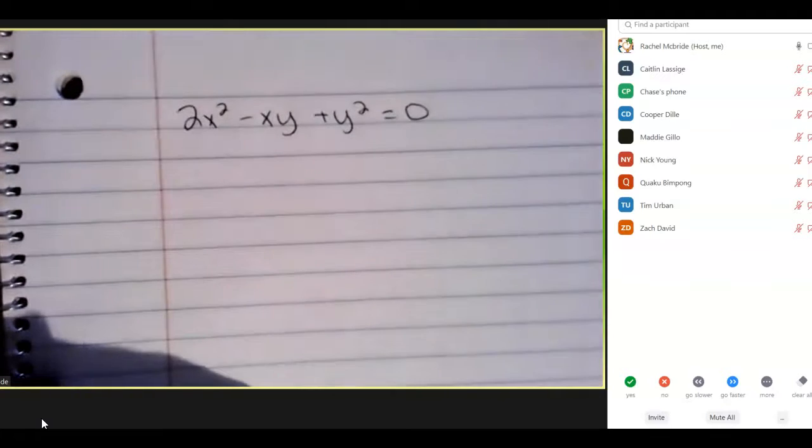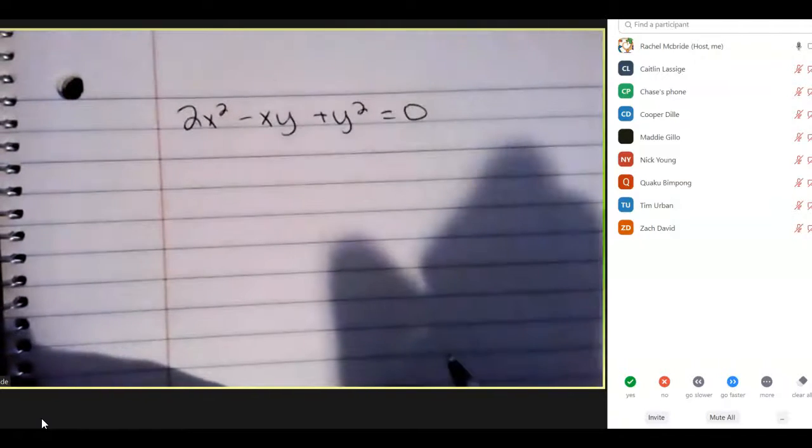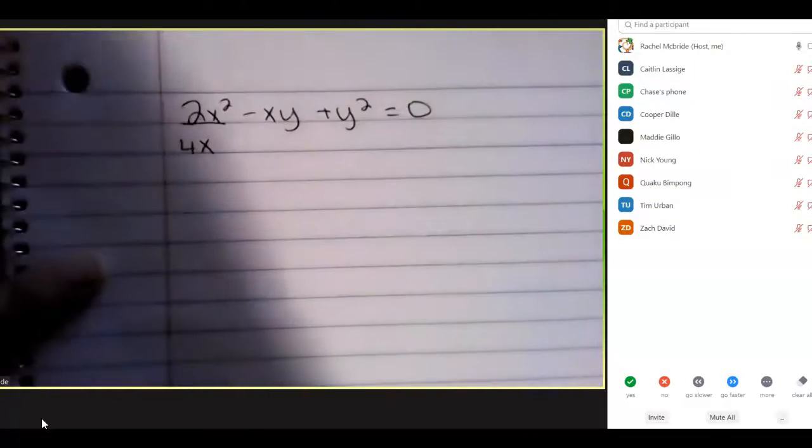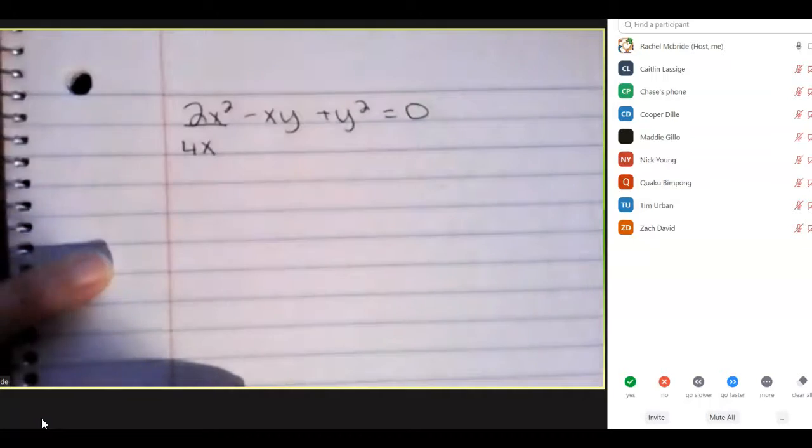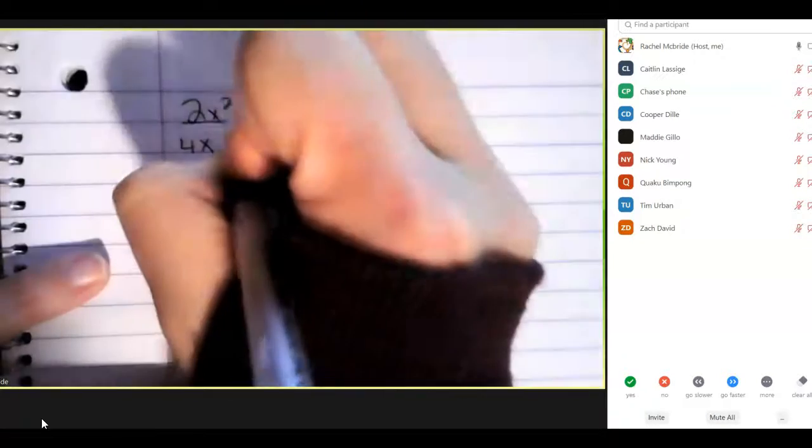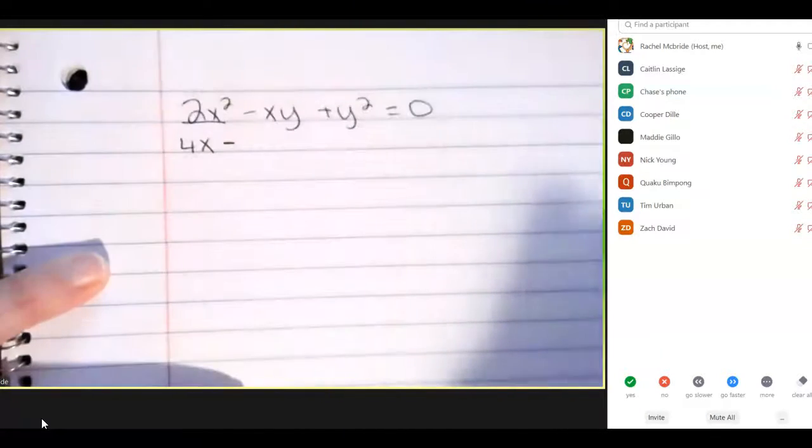So we have 2x squared minus xy plus y squared equals 0. This is going to be an implicit differentiation problem. You start with taking the derivative of 2x squared. So 2 times 2 is 4x dx, which is 1, minus, and now you have a choice.